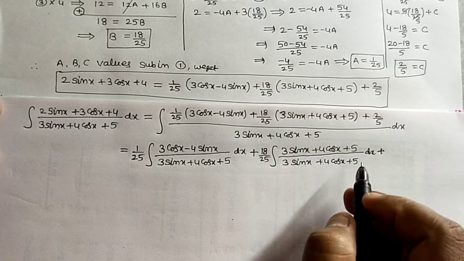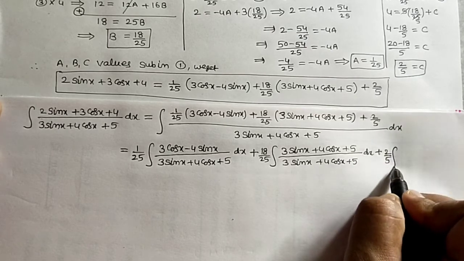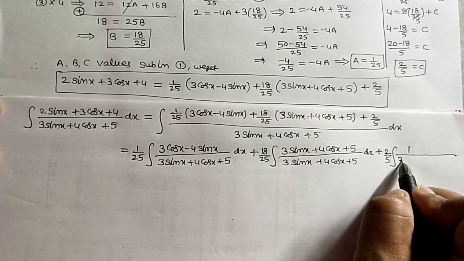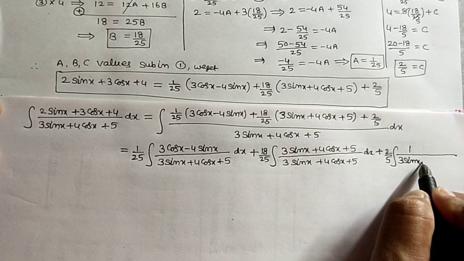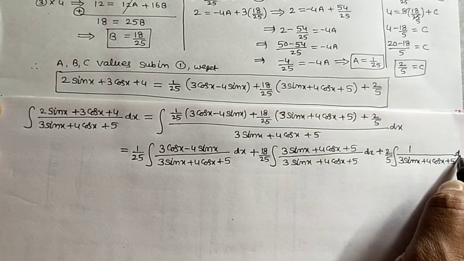The last term, 2 by 5 constant you can take outside, integral 1 by 3 sin x plus 4 cos x plus 5 into dx.